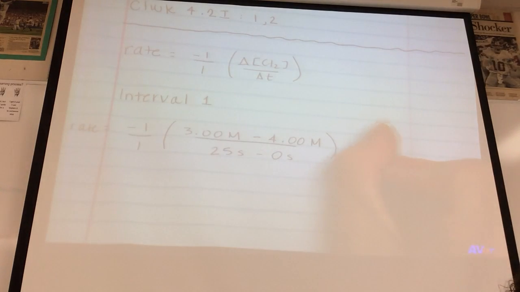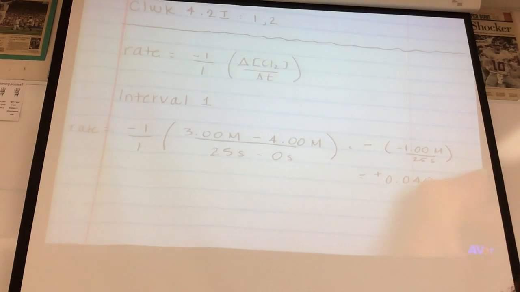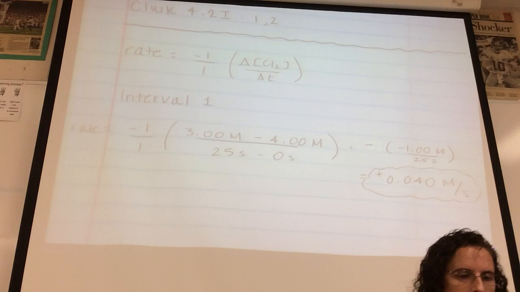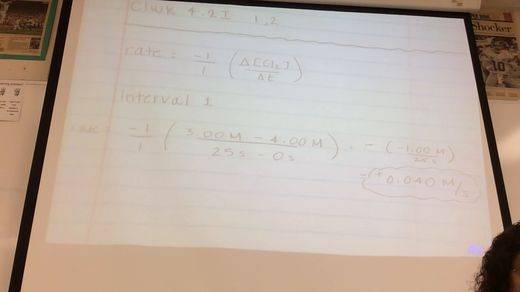It'll be easier. -1.00 molar over 25 seconds, and that's positive 0.040 molar per second. So that's the rate at which chlorine gas is consumed for the first interval.